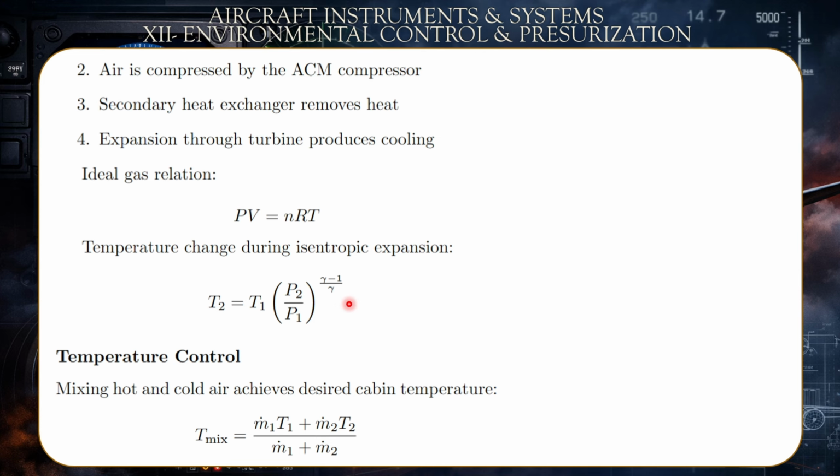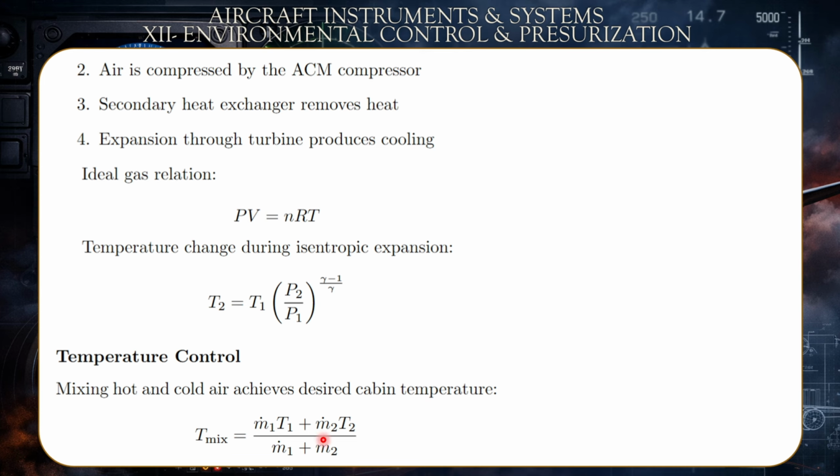Gamma, I'm trying to remember, is a constant that has to do with the gas. I will pick it up in a moment. And temperature control: mixing hot and cold air achieves the desired cabin temperature. So T_mix is equal to (M1 T1 plus M2 T2) divided by (M1 plus M2), given by mass 1 times T1, the original temperature, plus M2 T2, like the cooling air, divided by M1 plus M2.